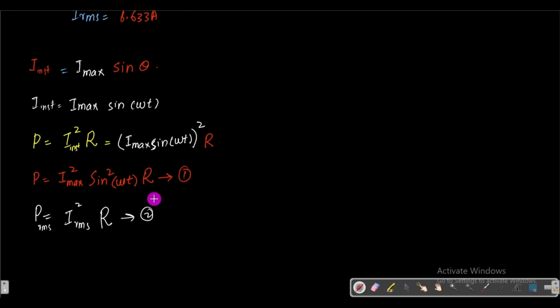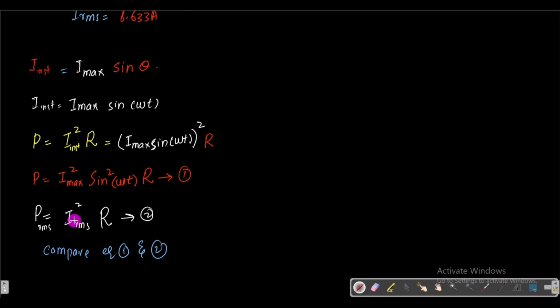Compare equations 1 and 2. The left sides of these equations are the same, so their right sides will also become equal.